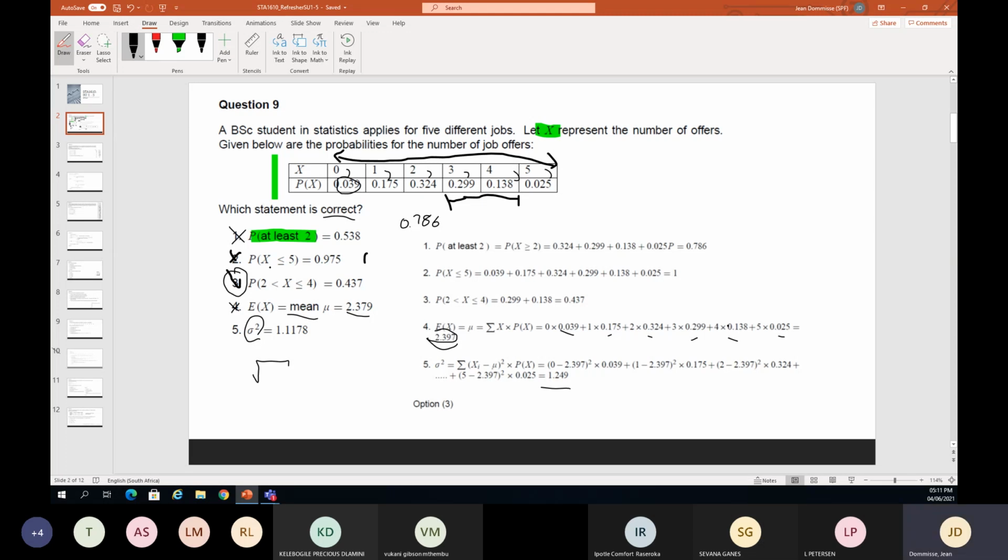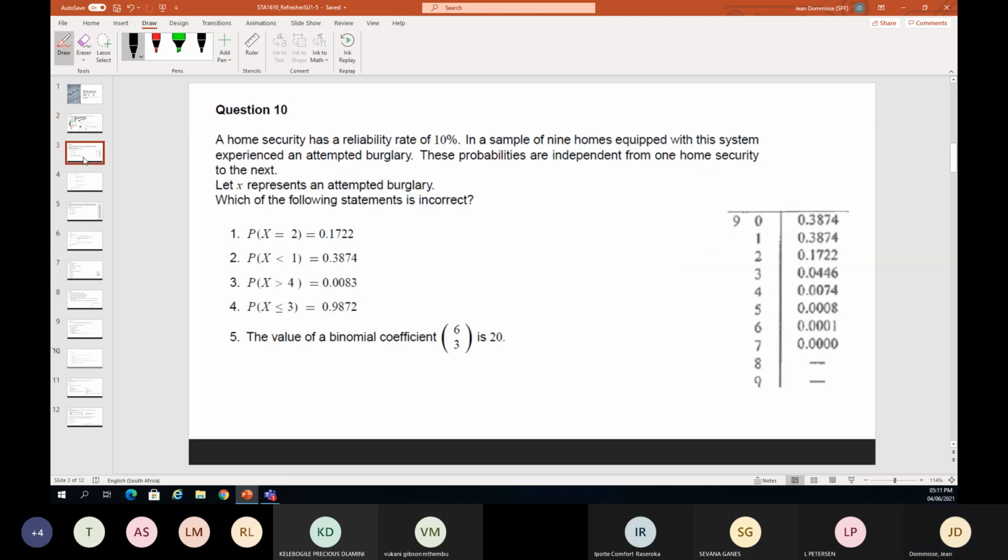Okay, let's go to the next one. Nowhere in this do they tell us it is binomial, so let's look at what's needed to identify it.